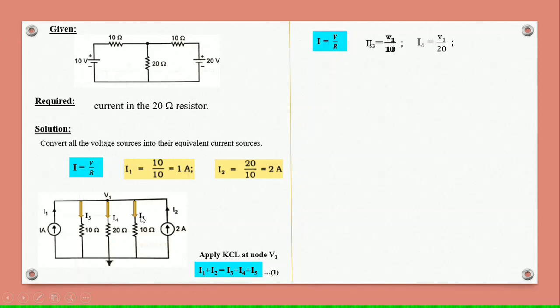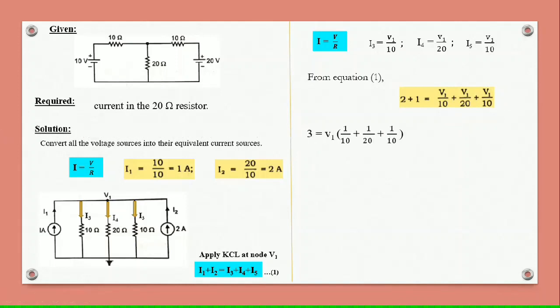Then for I5, V1 divided by 10. Now apply the values of I3, I4, I5 in equation number 1. Already we know the values of I1 and I2, that is 2 plus 1. Now the values of I3, I4, I5 are written on the right hand side of equation number 1.